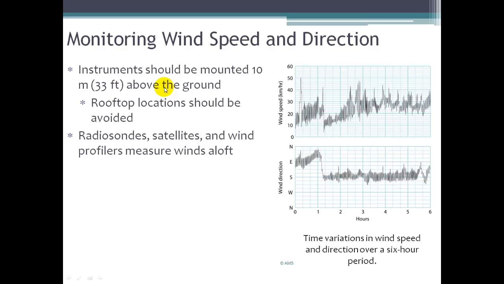So we don't want it too close to the ground because there's a different thing happening with wind close to the ground. We don't want it too high up in the atmosphere unless we are trying to measure higher atmosphere winds. So 10 meters is the standard. And you want to try to avoid rooftop locations and stuff like that, because even though you're higher above the ground, you're still presenting a surface. The roof is still a surface that's going to interact with the winds.